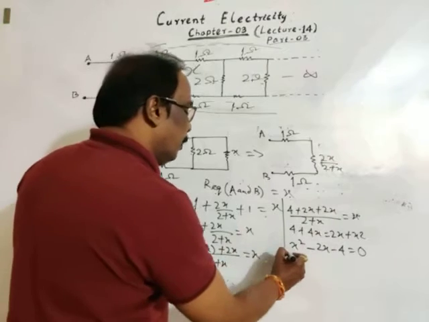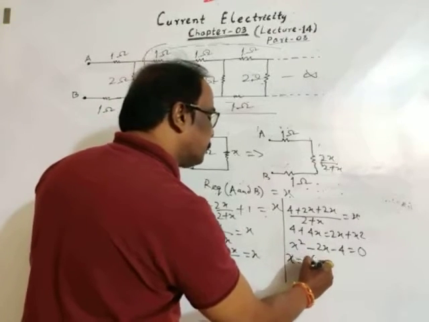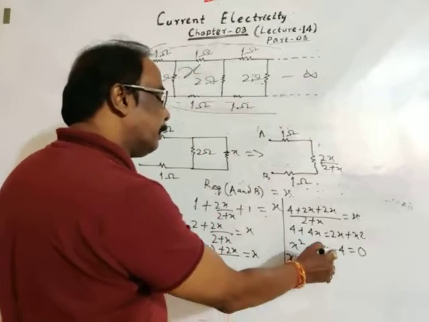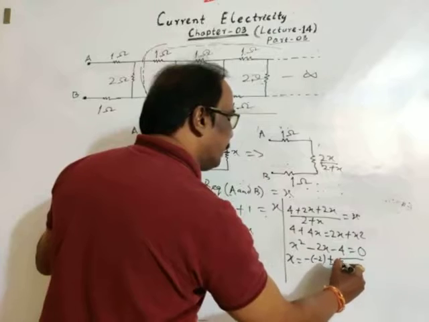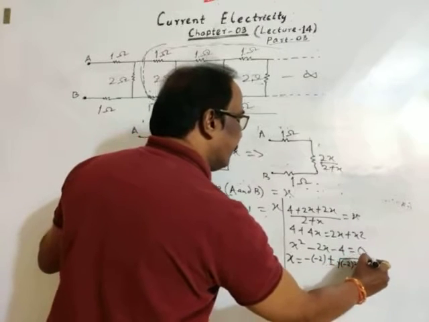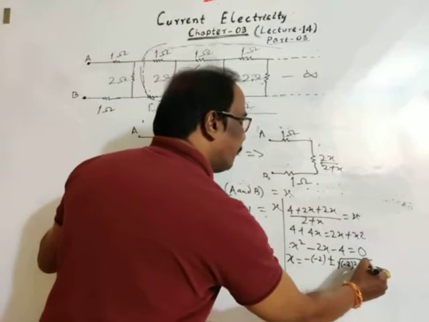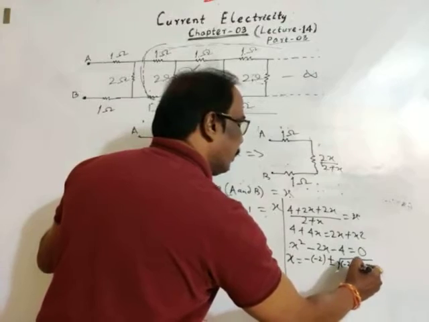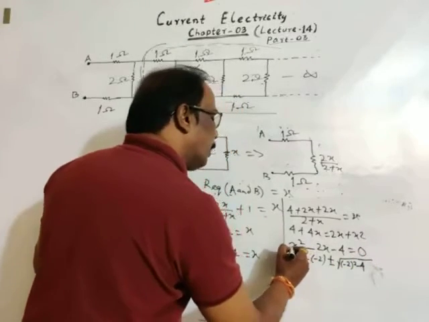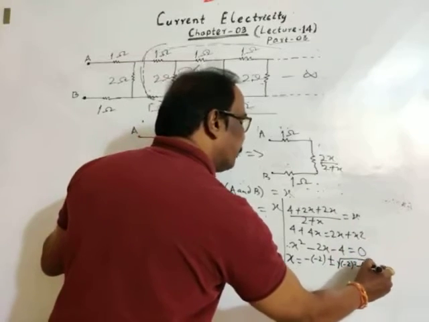Now, solving it, x will be equal to minus b, means minus into minus 2, again plus minus square root of b square, means minus 2 square, minus 4ac, a is 1, c is minus 4.